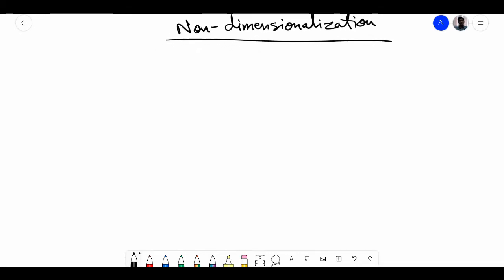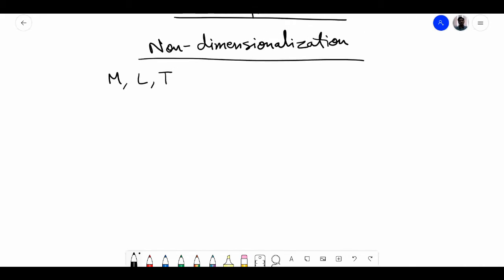Let us first write down the dimensional equations. What do we mean by dimensional equations? What is a dimension, first of all? As you might have studied, mass, length, time, and there are other physical dimensions.